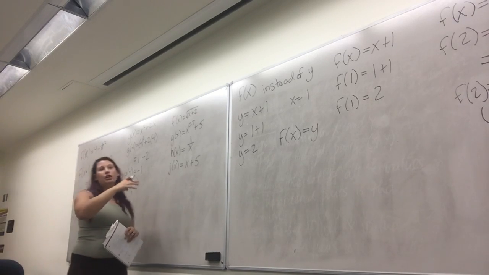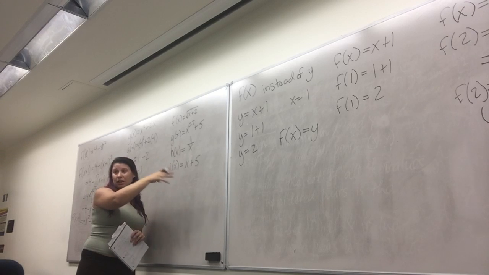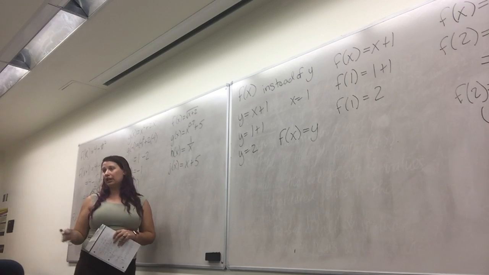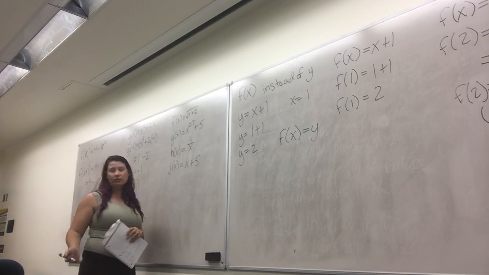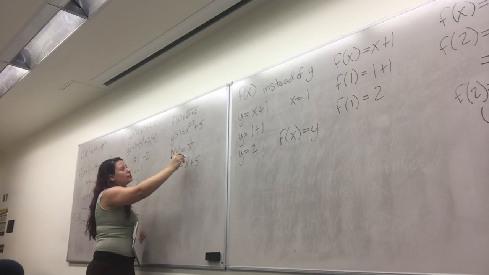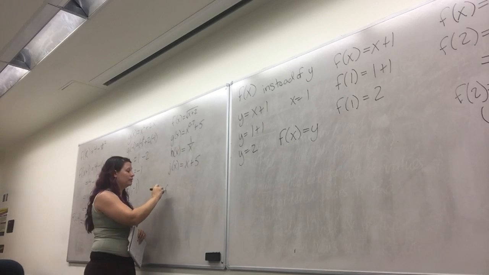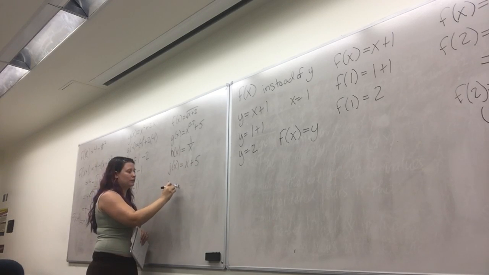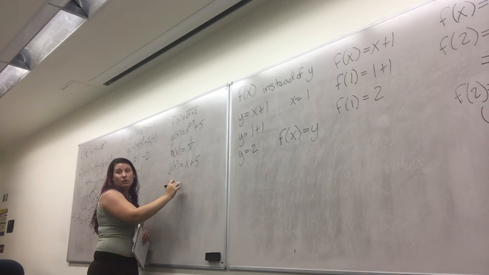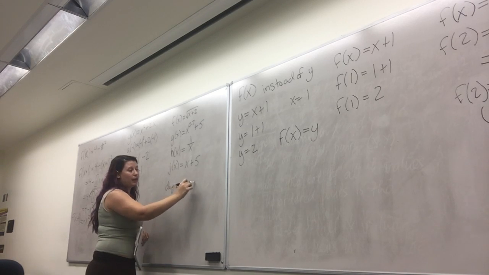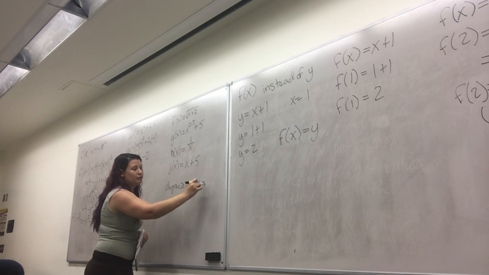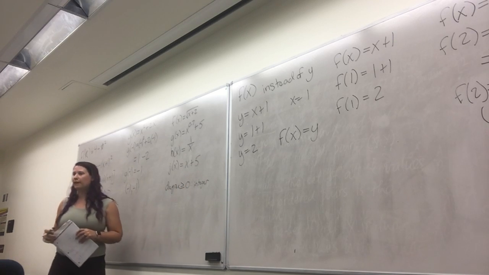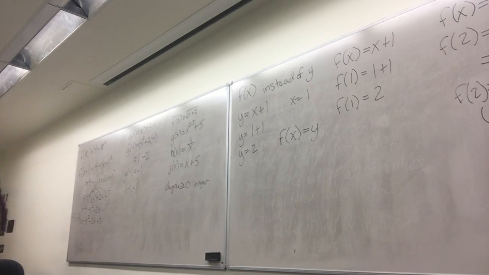So, no roots on the x and non-negative integer degrees. So the degree, the power, has to be greater than or equal to 0 and be an integer. Right? Okay?